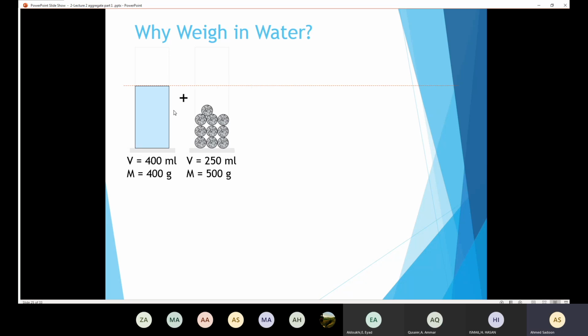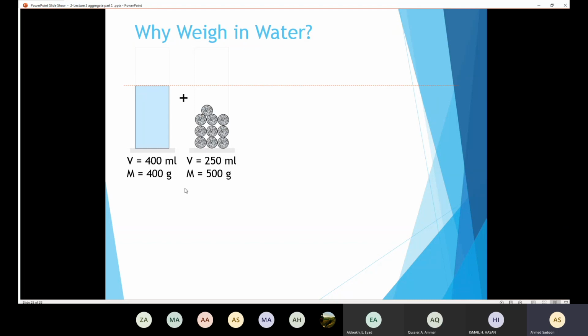Then assume here I have aggregate in this container, and if I know the volume of the aggregate, the volume is 250 milliliters and the mass is 500 grams. Here they give us the volume of the aggregate. We know that determining the volume of the aggregate is difficult, but let's say that here we know it. Now it's required to determine the specific gravity.